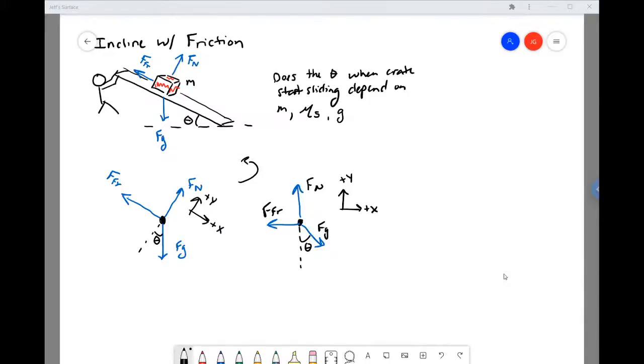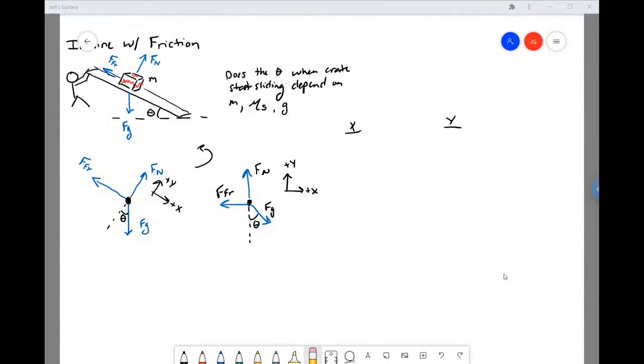All right. Anyway, the way to proceed is we can use Newton's second law to write down a force equation in both dimensions. Let's do the x direction first. If I look at my picture here, the force of gravity has an x component and a y component.